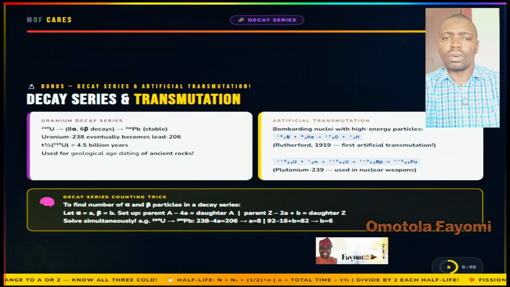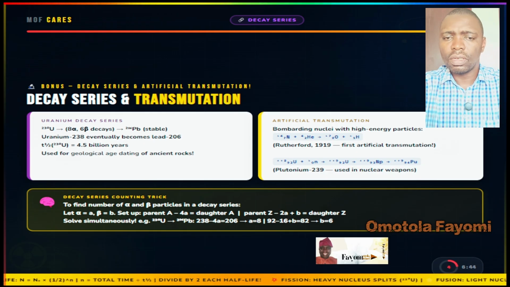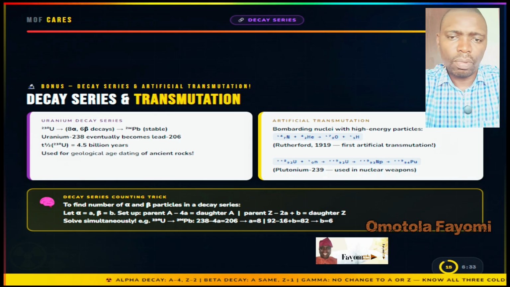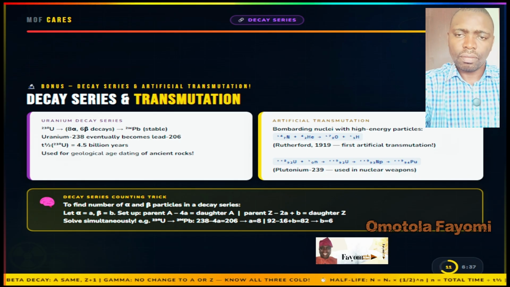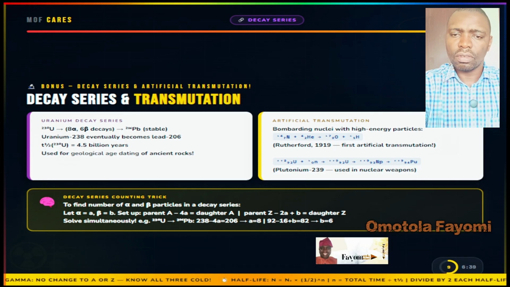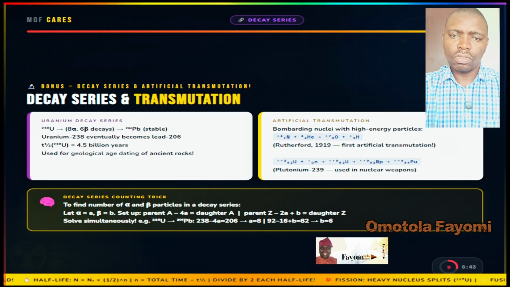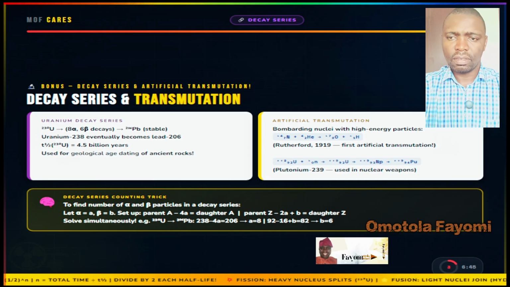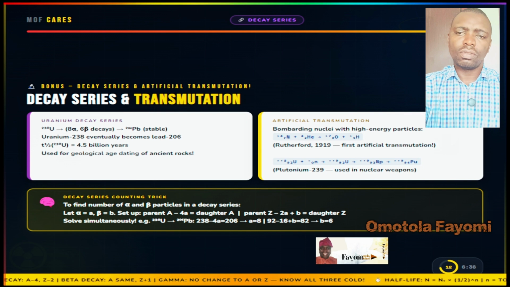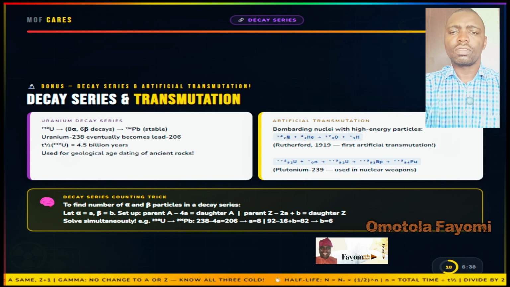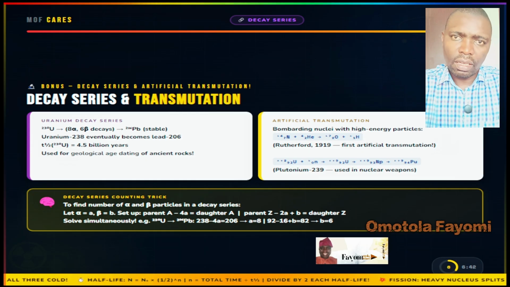The counting trick for decay series: if a parent nucleus undergoes an unknown number of alpha and beta decays to reach a daughter, set up two simultaneous equations. Mass equation: 238 minus 4a equals 206, which gives a equals 8. Then 92 minus 16 plus b equals 82, which gives b equals 6. So 8 alpha and 6 beta decays.